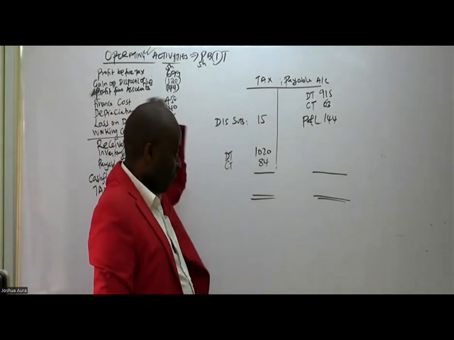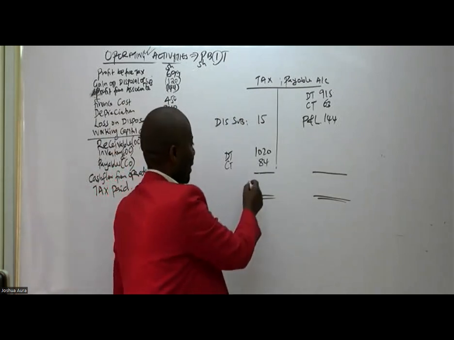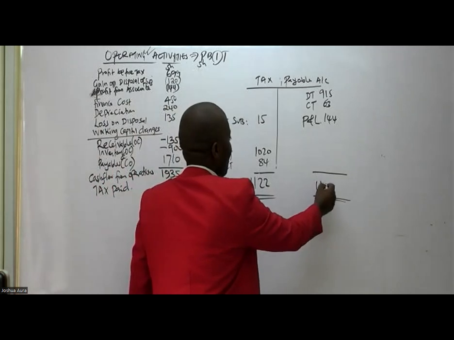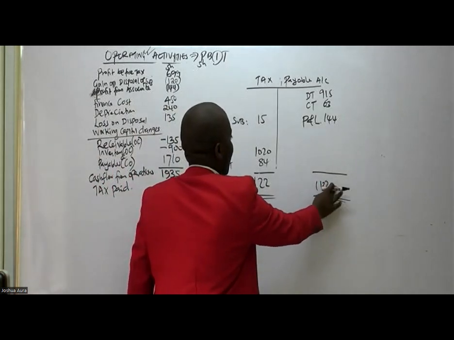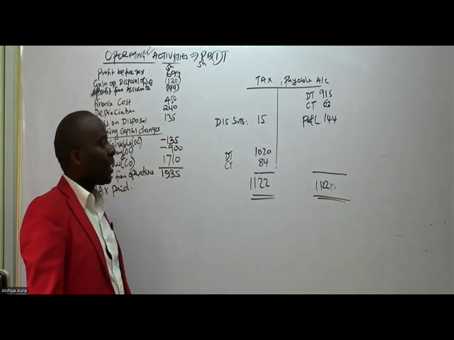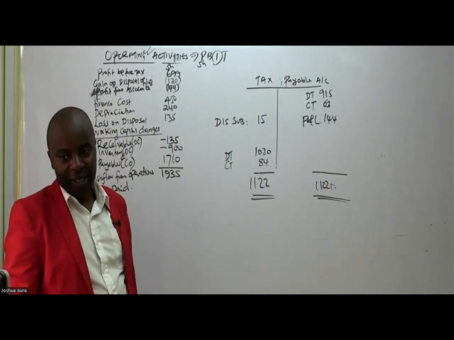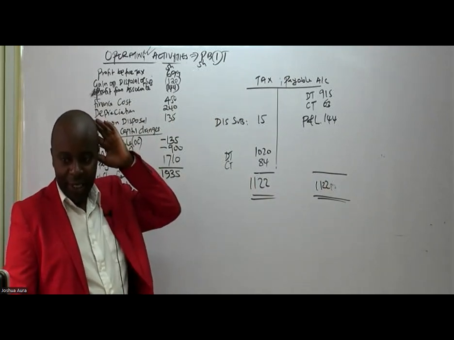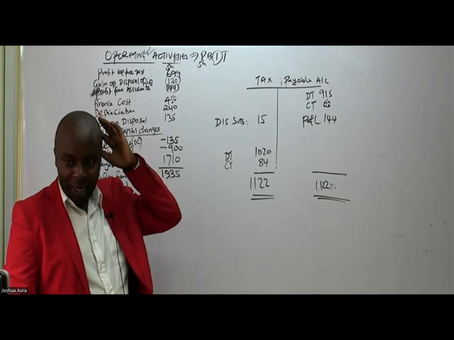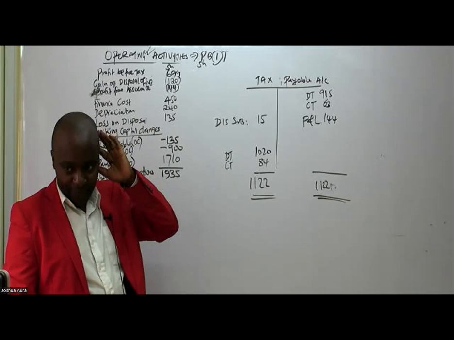So 1035 plus 84, I think this side will be bigger, right? 1122. Is it debit or credit? First of all, tell me the side which is bigger. Credit.